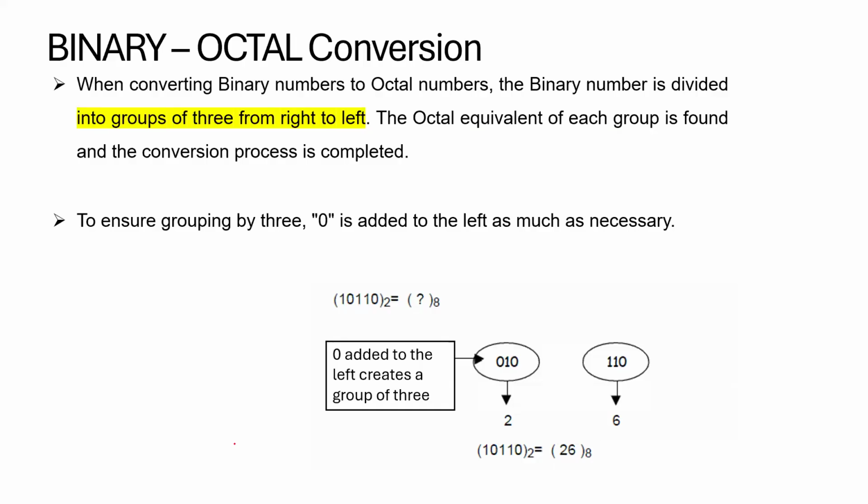This definition says when converting binary numbers to octal numbers, the binary number is divided into groups of 3 from right to left. So we will create groups of 3 members from right to left. If you have no member at the left side, you may add 0. Then we have 2 groups in here, as you see.